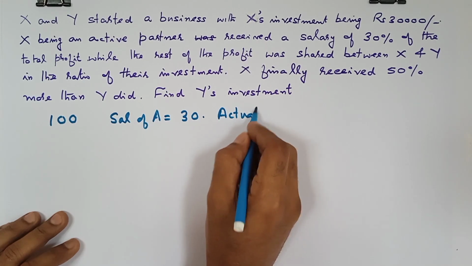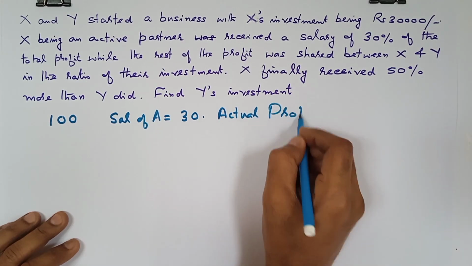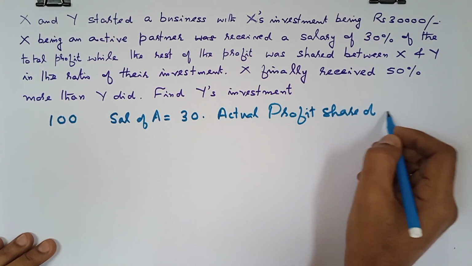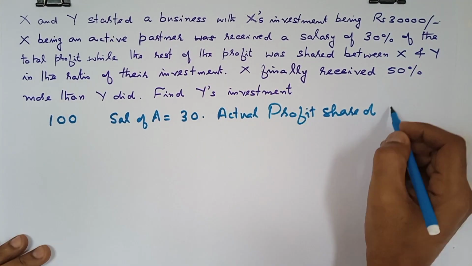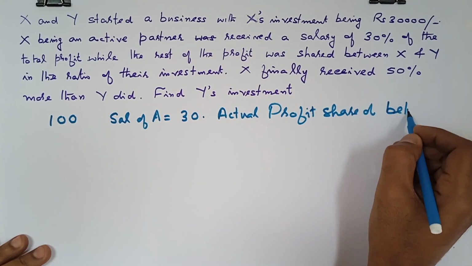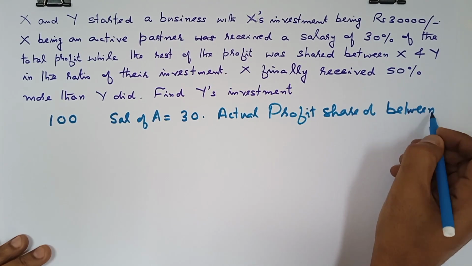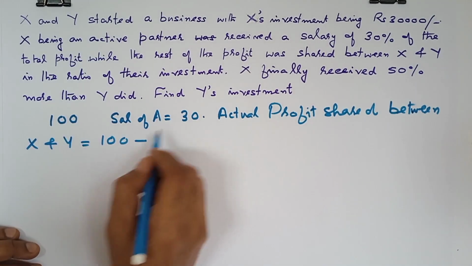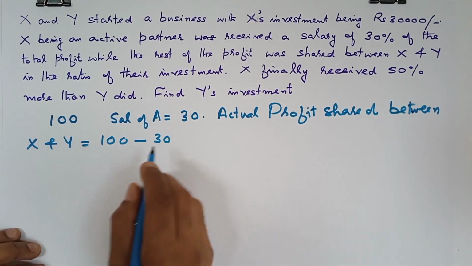Now the actual profit shared between X and Y will be 100 minus the salary of X. That is the way it is done.